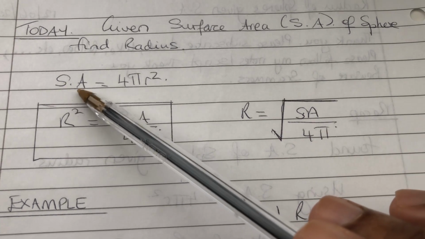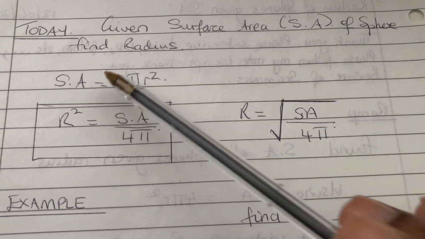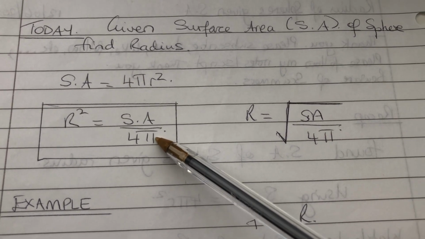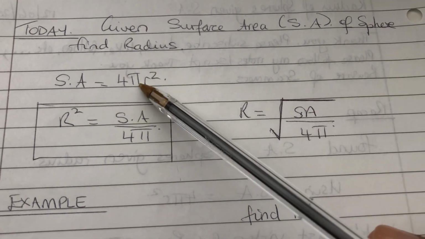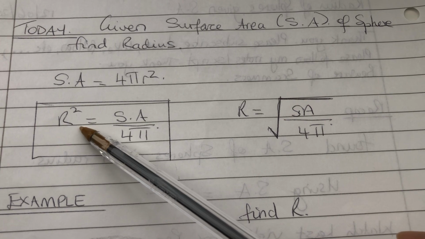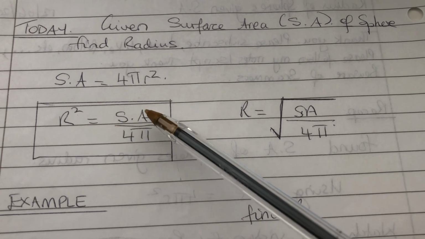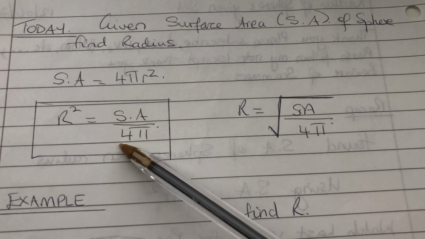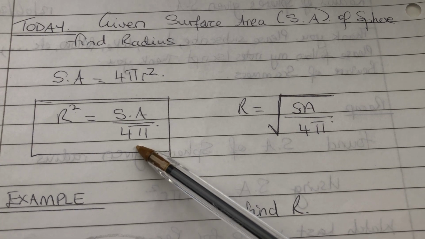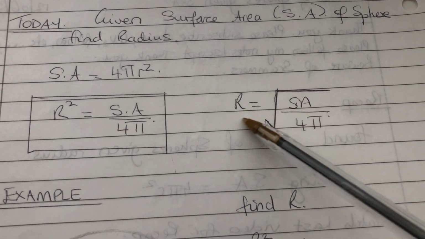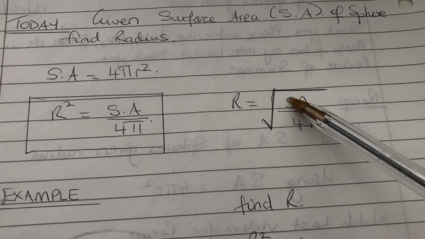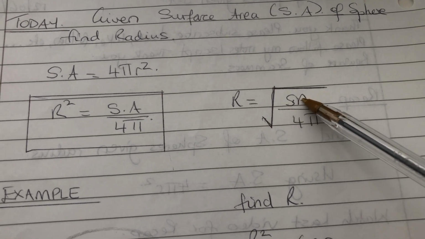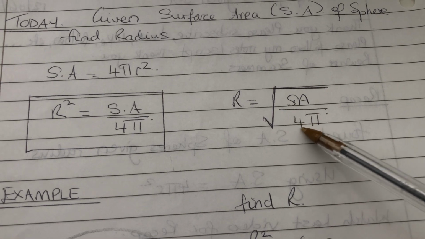So this side becomes surface area divided by 4 pi. The 4 pi will cancel here. So we have r squared equals surface area divided by 4 pi. So r will be plus or minus the square root of surface area divided by 4 pi.